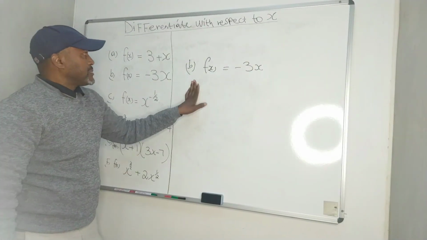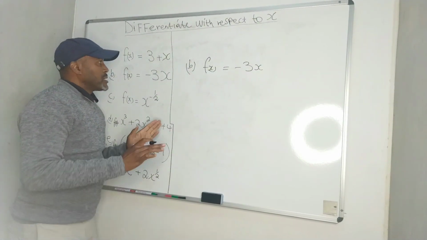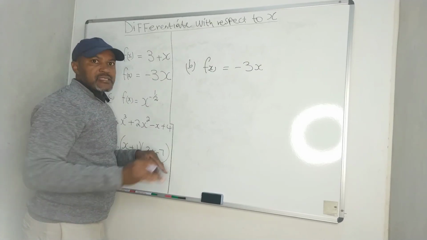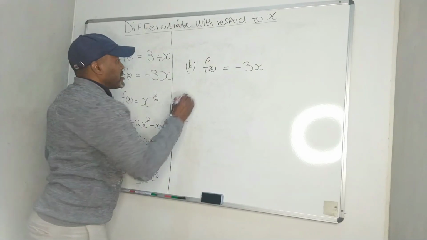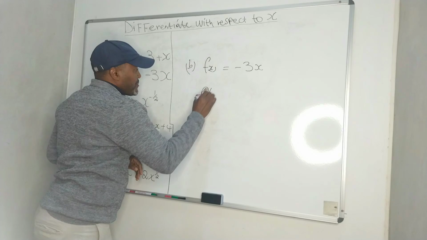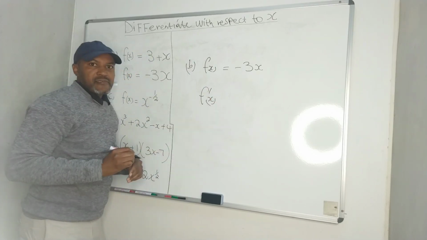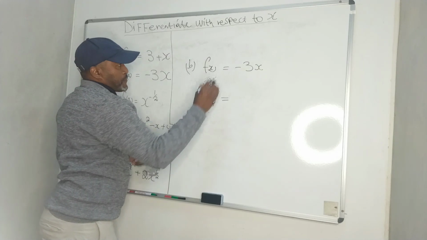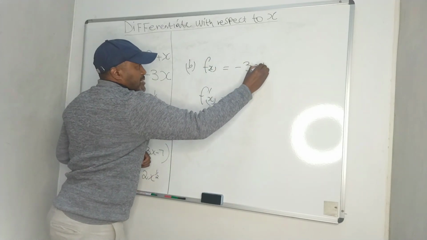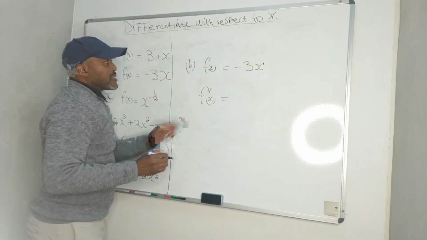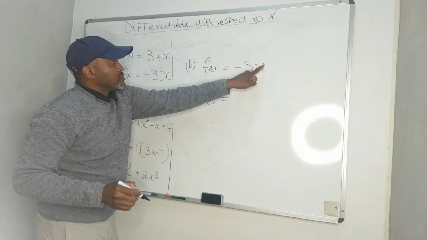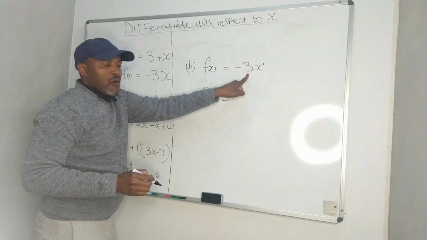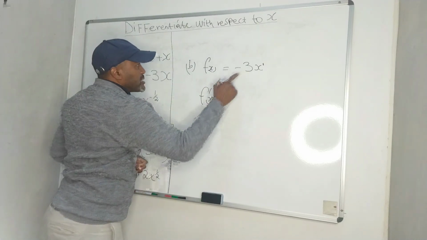Right, we are in number B. Doing number B, same style, same thing, same formula. f prime of x will always be equal to, there is a 1 here, that 1 should come and multiply the coefficient of x, which is -3.